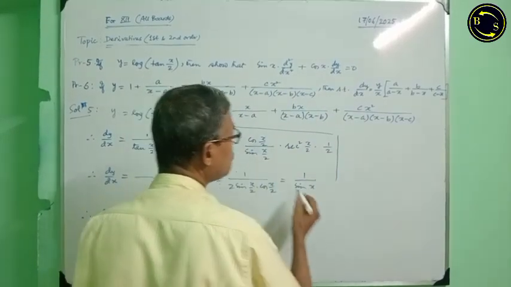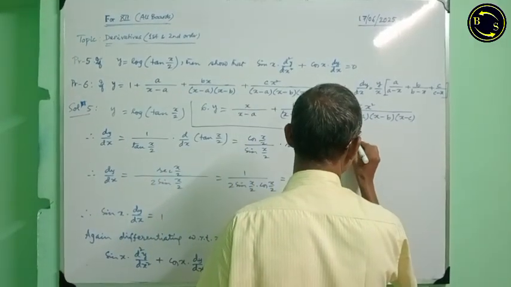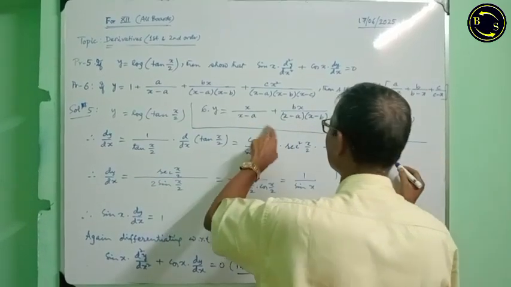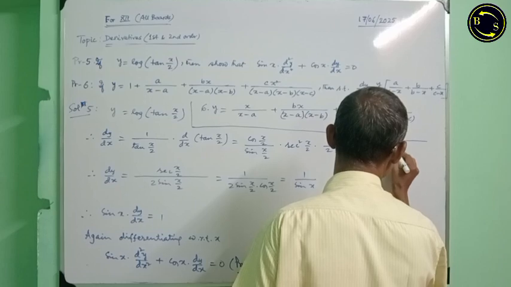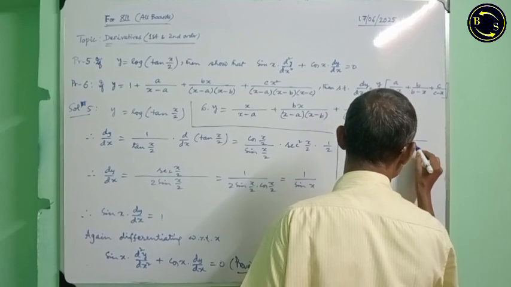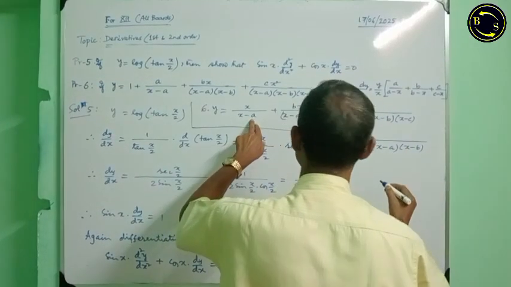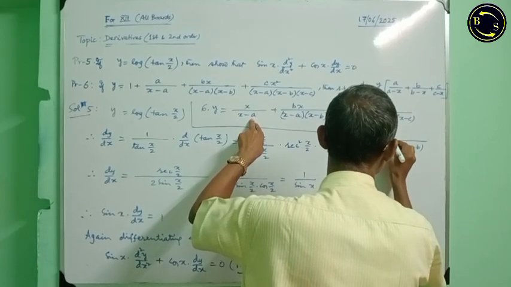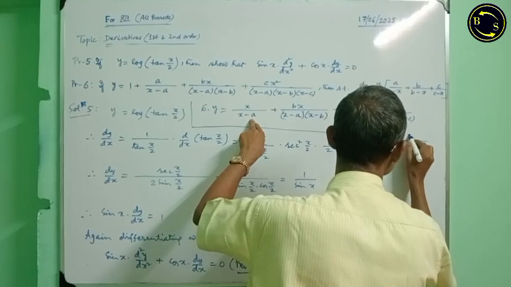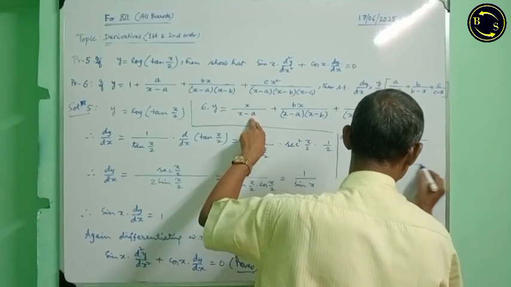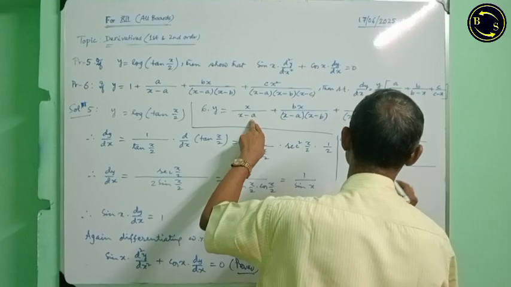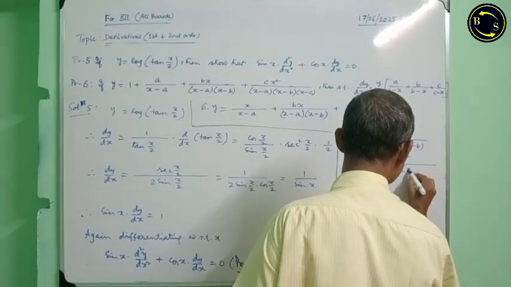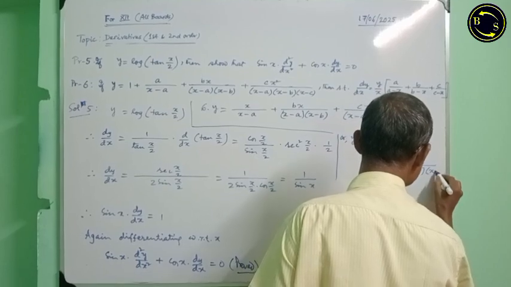Now I take these two, or y is equal to LCM of the denominators, x minus a, x minus b, then x into x minus b plus bx plus cx square by x minus a into x minus b into x minus c.